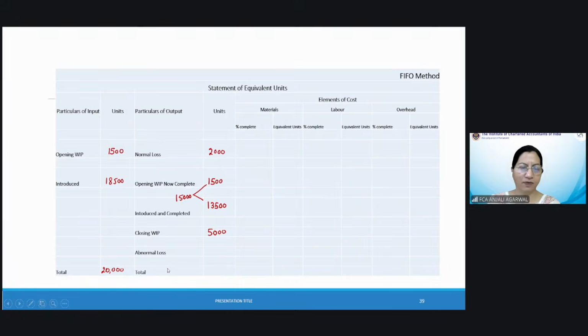However, this time you may not get an abnormal loss, you may get an abnormal gain. Find out the total of this side. 2,000 plus 15,000, 17,000. 17 plus 5 is 22,000.